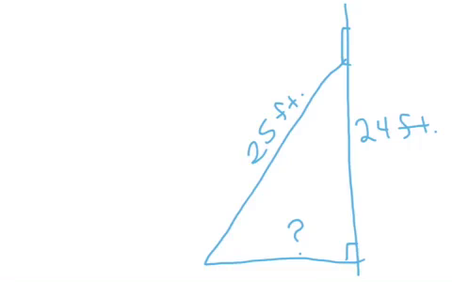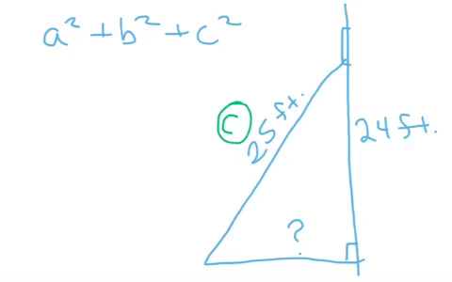So we're going to go back to our formula. Okay, a squared plus b squared equals c squared. Remember, our longest side is our c, that's our hypotenuse. We've got a and b. So we fill in what we know.